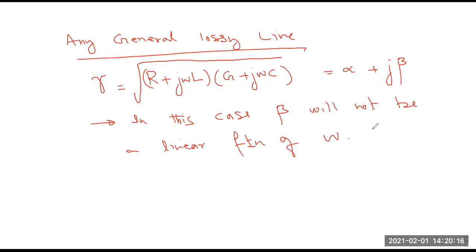What I am actually saying is that beta will be proportional to either omega squared or maybe omega cubed or something like that. So because beta is not a linear function of omega, the general lossy line will be a distorted line. Let me use some more technical term.